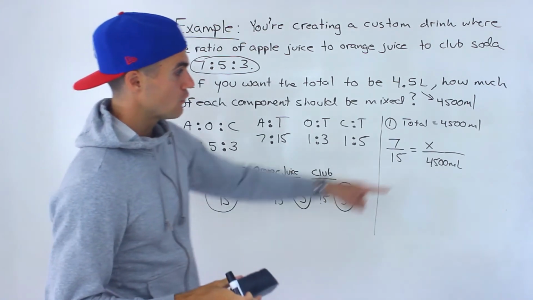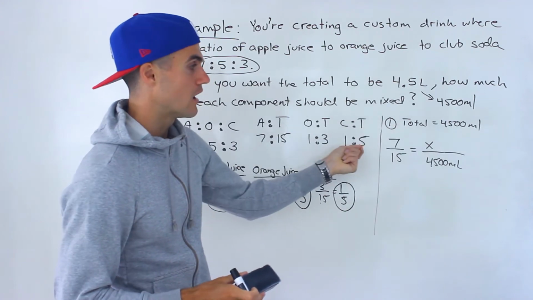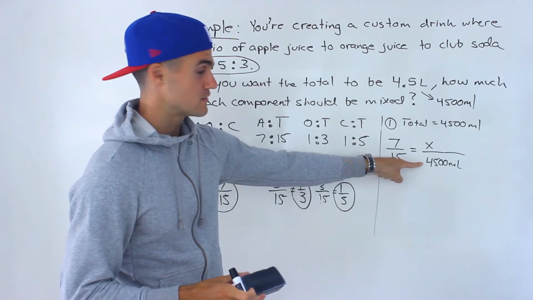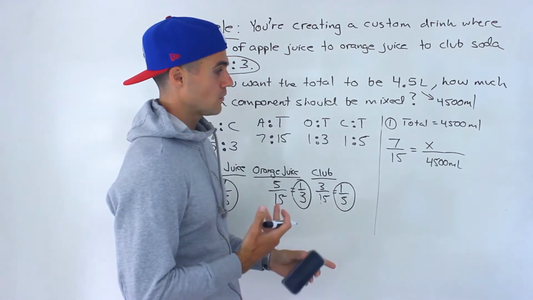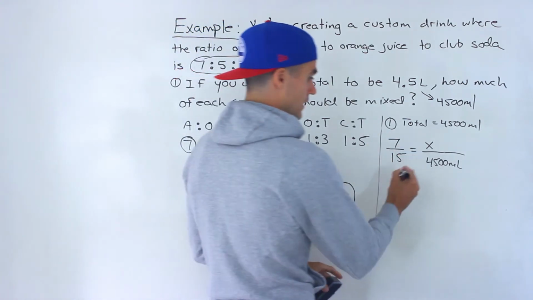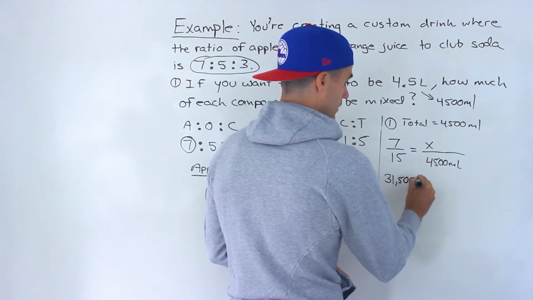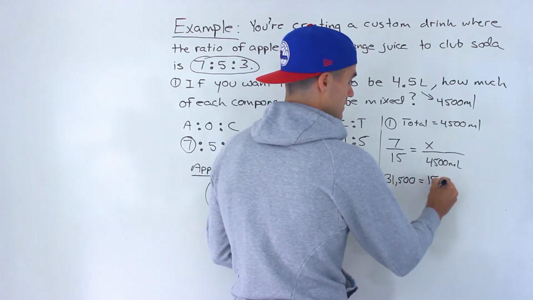And then we could solve for this x here, and what that's going to give us is the amount of apple juice in that 4,500 milliliters. So the way we would solve here is we can just cross multiply. So 7 times 4,500 would give us 31,500, and then 15 times x gives us 15x.